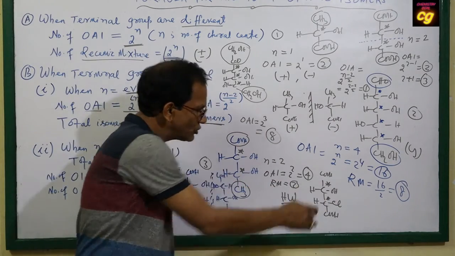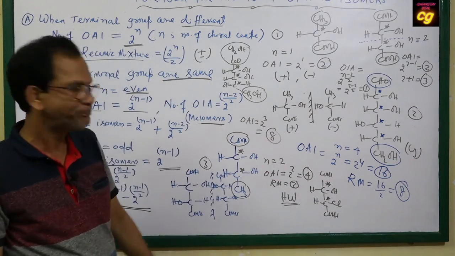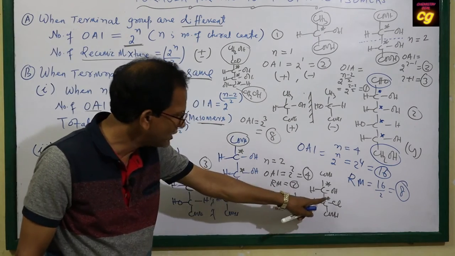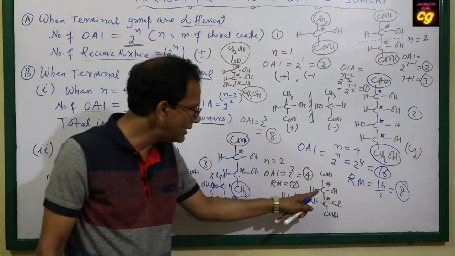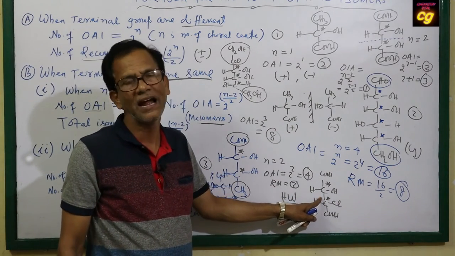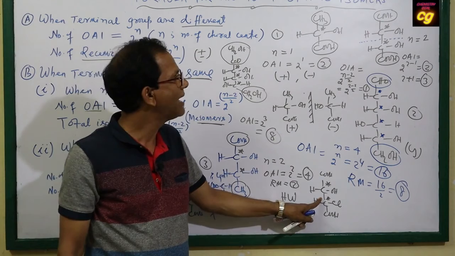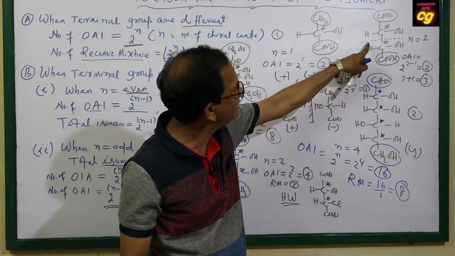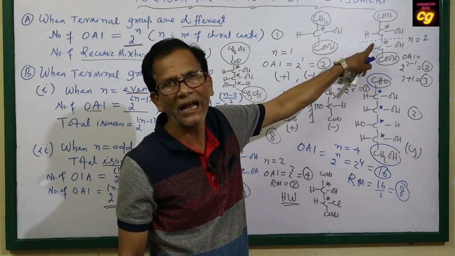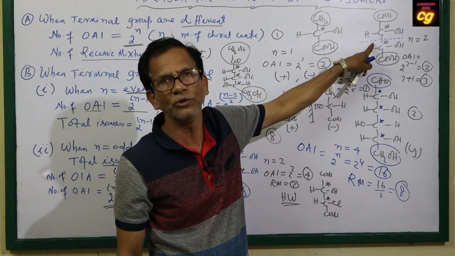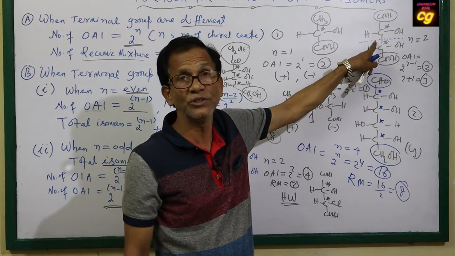In this type of structure only enantiomers and diastereoisomers are possible. In the other case, only meso compounds and optically active isomers are possible, no diastereoisomers.